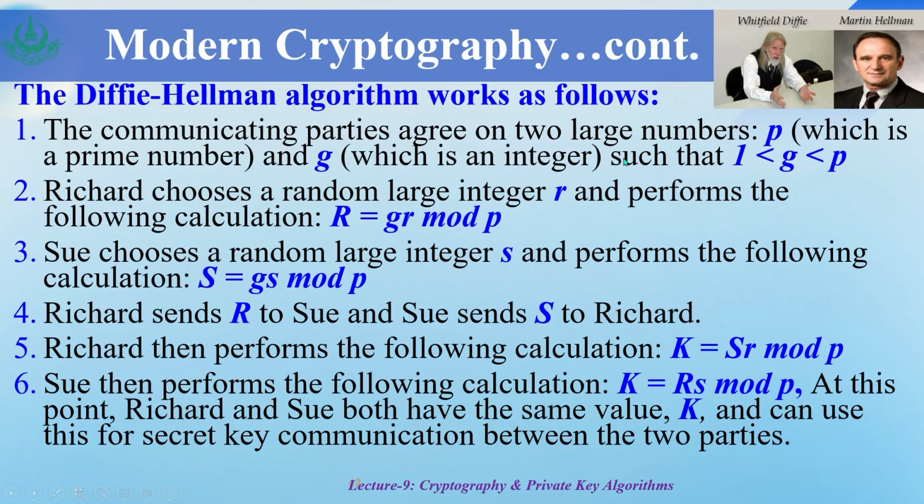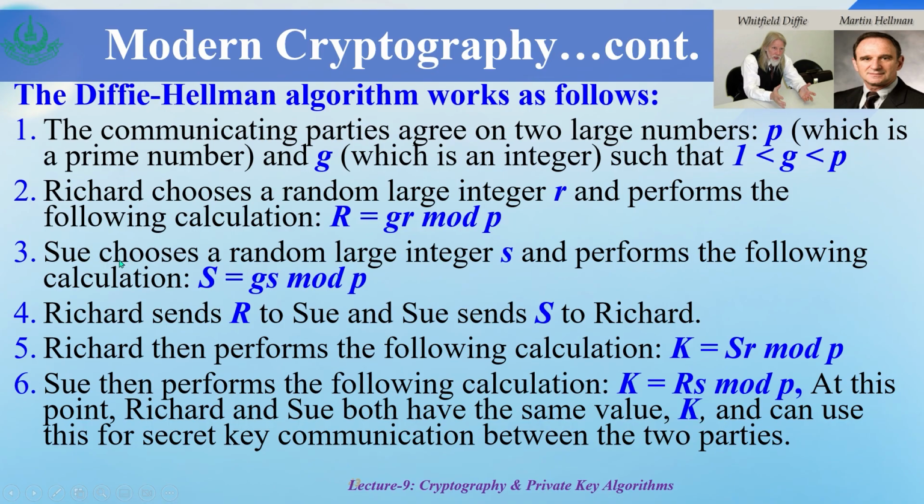The communicating parties agree on two large numbers: p, which is a prime number, and g, which is an integer, such that g is greater than 1 and p is greater than g. Richard chooses a random large integer, r, and performs the following calculation: R = g^r mod p.